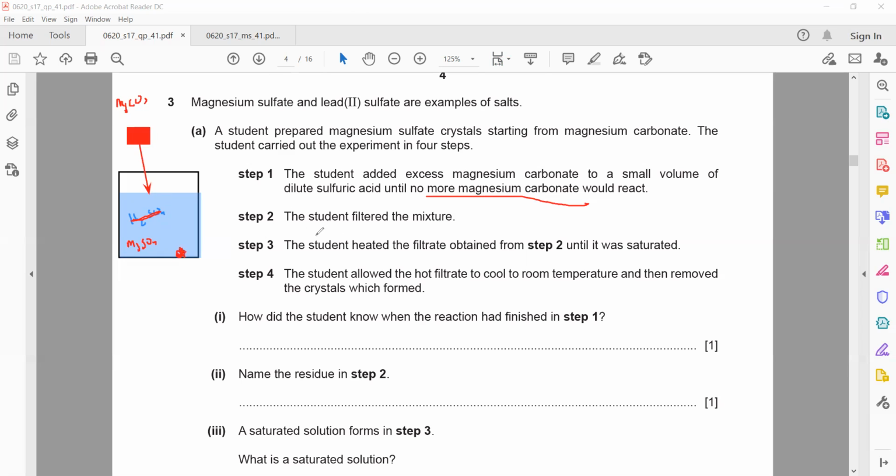When you filter, on the filter paper you're left with magnesium carbonate, not magnesium sulfate, which is a solution. So if they ask to name the filtrate in step 2, the filtrate is magnesium sulfate, but the residue is magnesium carbonate. Is it clear? The unreacted magnesium carbonate is the residue.